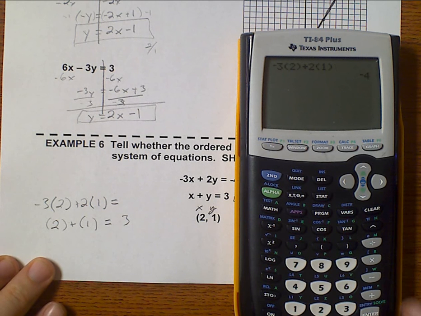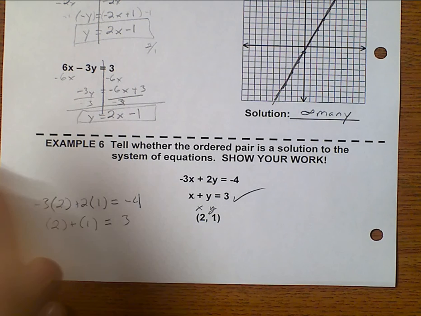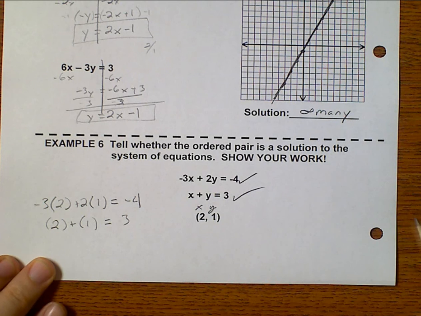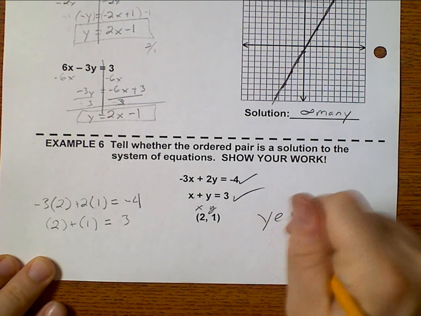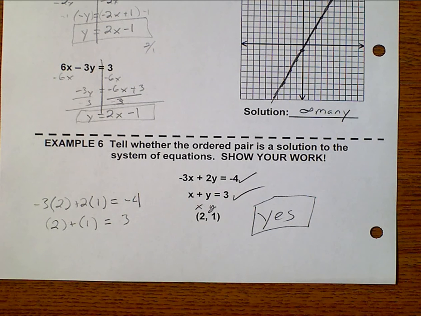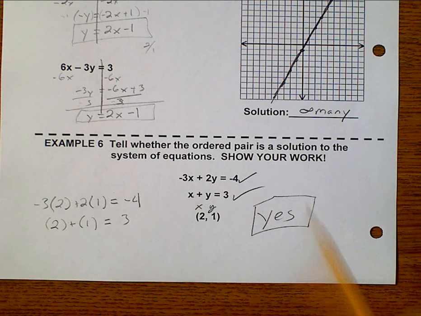And it gives me a negative 4, which is what I wanted right here. And so that checks. And so is it a solution? And the answer to that is a resounding yes. Now, it wasn't a solution until it checked through both equations. If it fails on one, it automatically fails as a solution to the system.